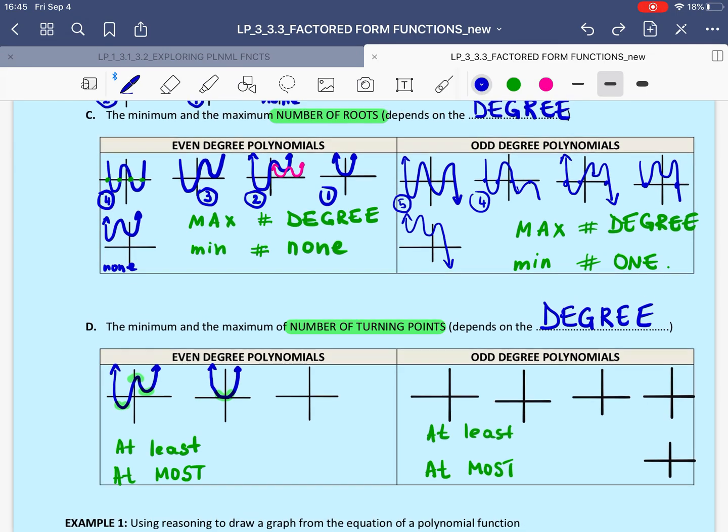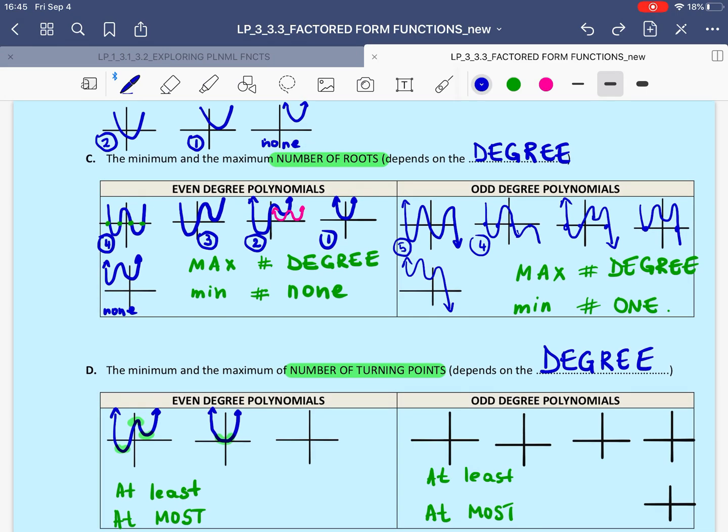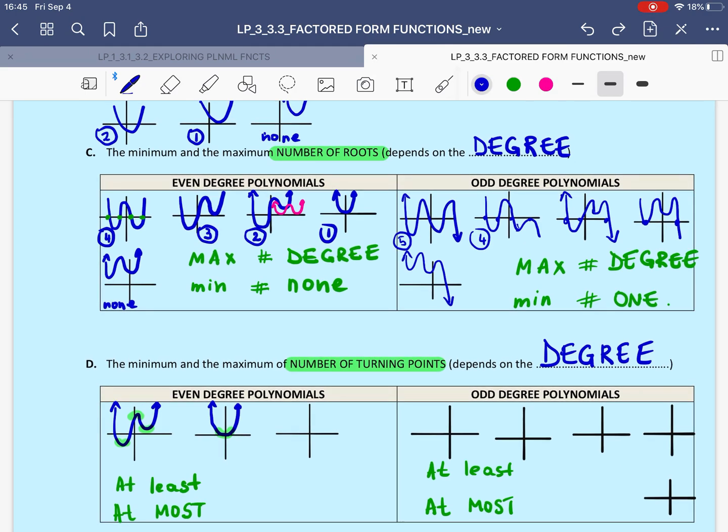So we're going to say that the maximum number of turning points for an even degree polynomial, in our case fourth degree, is at most 1 less than its degree. And the minimum number of turning points, or at least it must have 1 turning point.